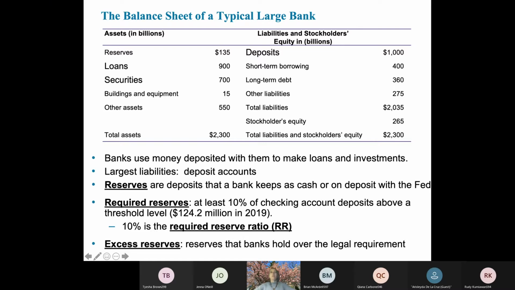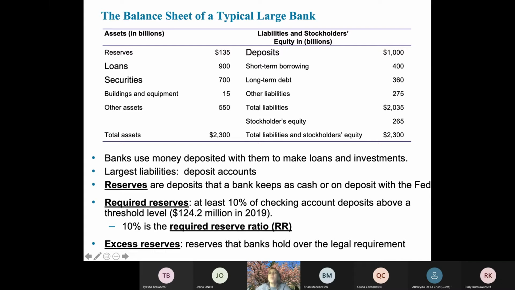So reserves. What are reserves? From every deposit, and in real life it's on each deposit above a certain amount, right? But let's think about it being just 10% from all deposits. That amount needs to be kept on reserve.